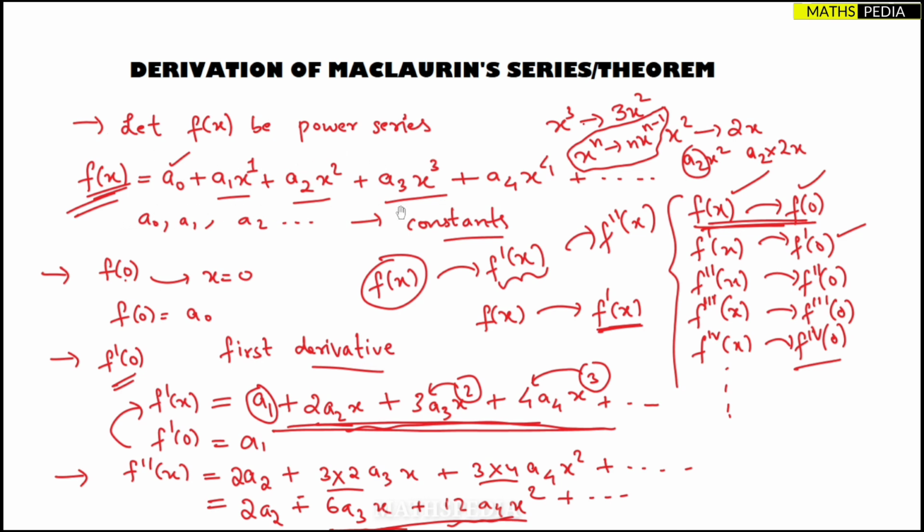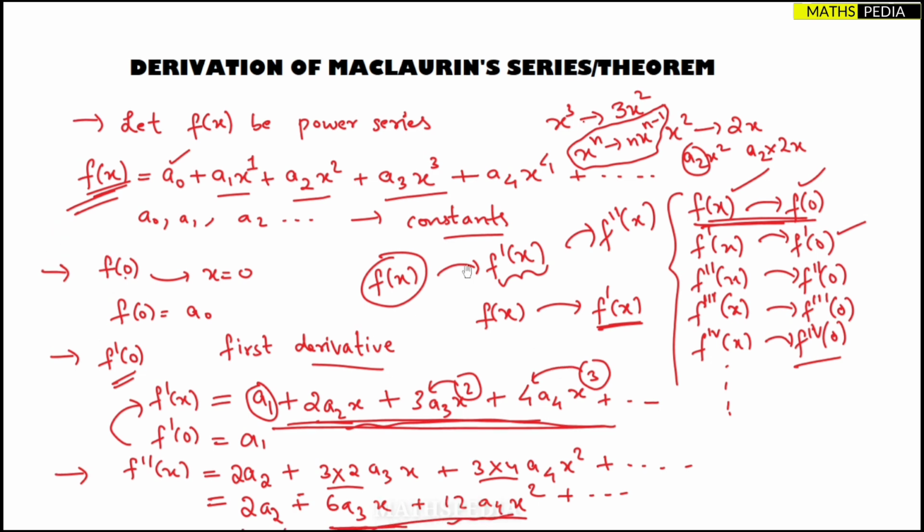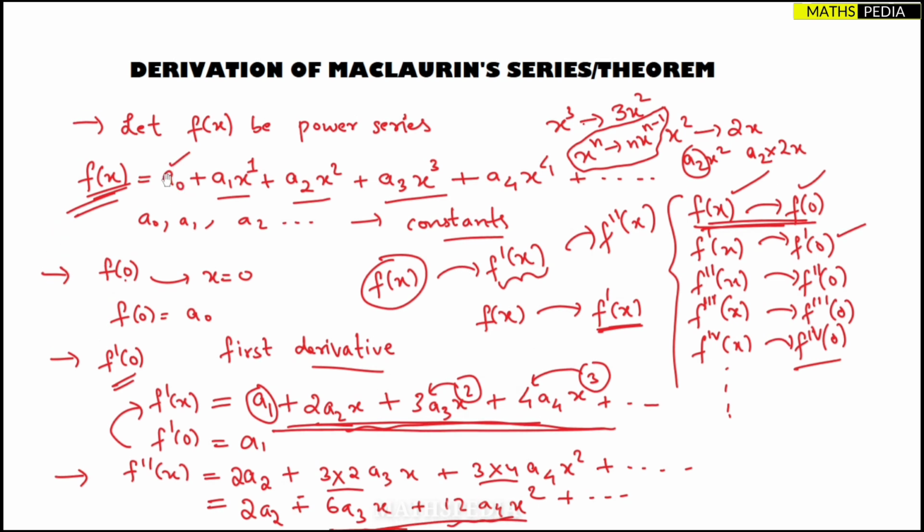You can take any constant. It is not necessary you have to take a0 a1. You can take a b c d x y z, anything you can take. So f of x, I have considered one power series in which a0 a1 a2 are the constants.